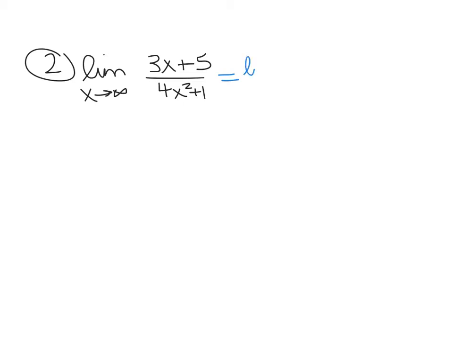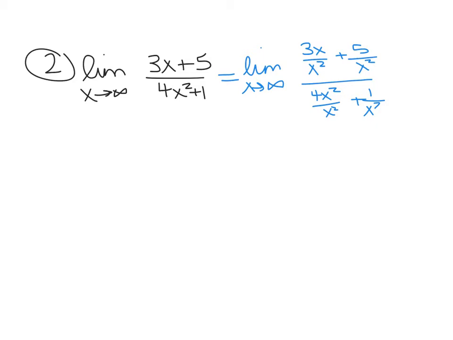So when I do that, this changes to the limit as x approaches infinity of 3x over x squared plus 5 over x squared, over 4x squared over x squared plus 1 over x squared. So hopefully you'll see why I do this in just a sec when I show you the next two steps. So I'll give you the simplified form of this.